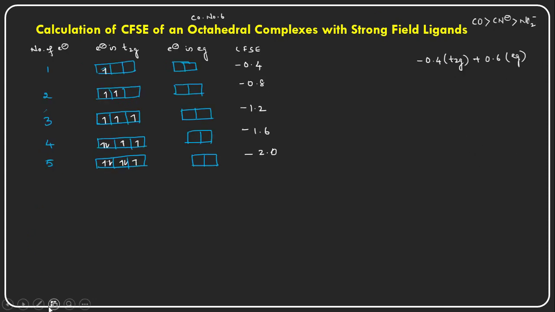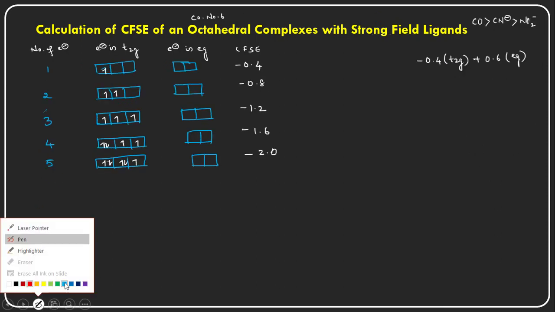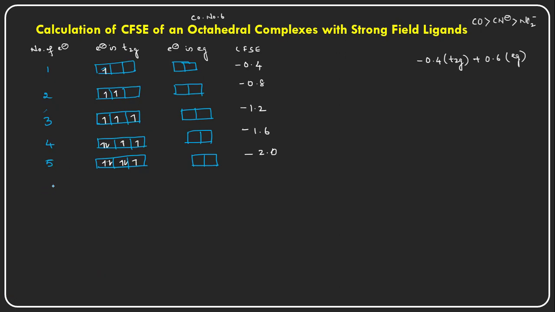Okay, now the sixth electron. If there is a sixth electron, just like the previous electron, it will enter into the T2G orbital only. So now all electrons are paired in the T2G orbitals only. There are no electrons present in the EG orbital.